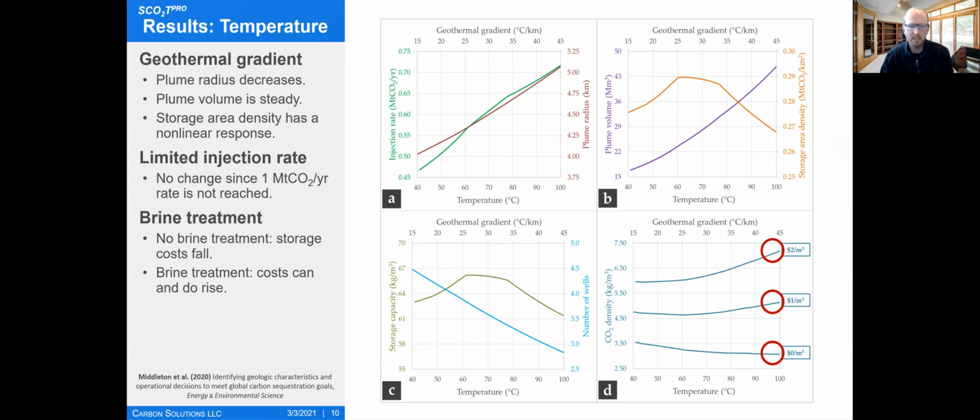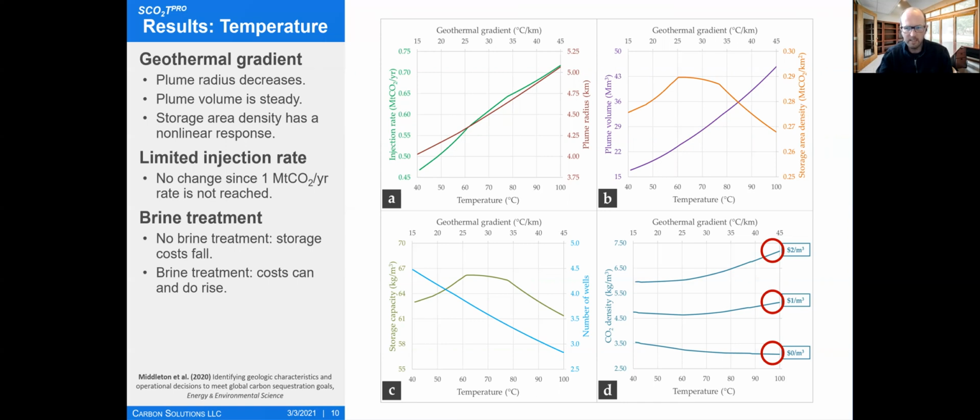But one thing we found here, what we're able to do with SCOTT, it's an operational tool, and if these 3 red circles you're looking at, if you do not extract brine or you do not treat, there's no cost to disposing or treating the extracted brine, increased geothermal gradient is good. However, because as you go down deeper, CO2 density changes, you're producing more water by volume for each ton of CO2 you put in.